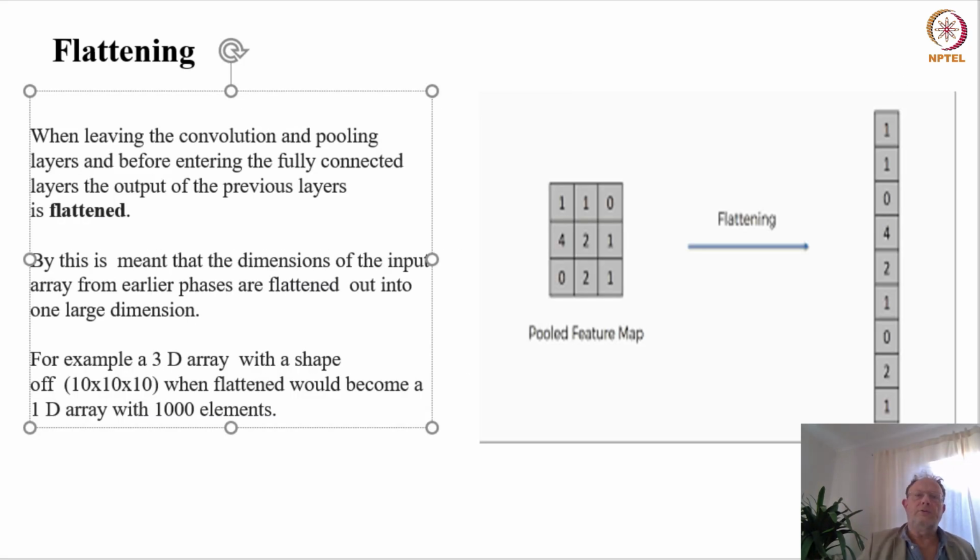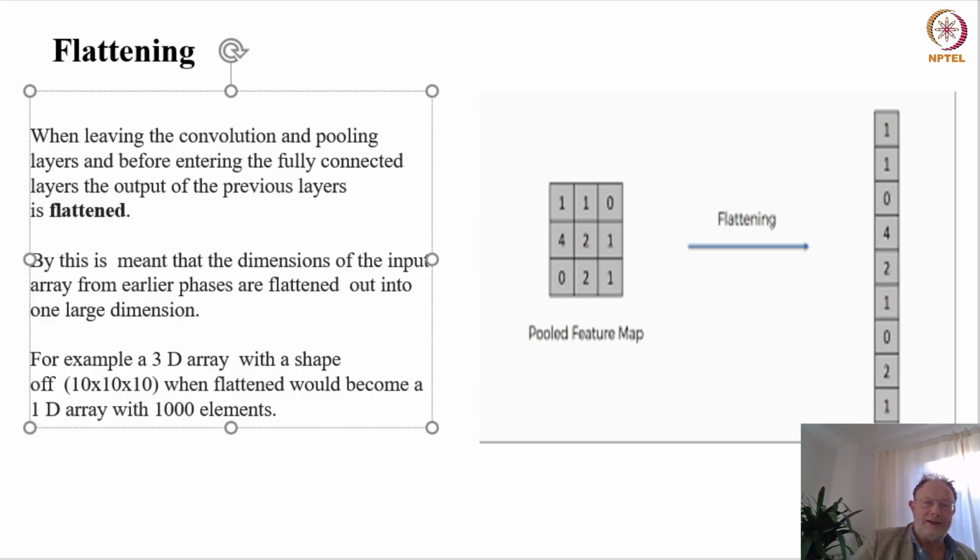When leaving the convolution and pooling layers and before entering the fully connected layers, the output of these previous layers is flattened. By this is meant that the dimensions of the input array from early phases are flattened out to one large dimension. You can see a small example to the right, but you can also have a bigger one.